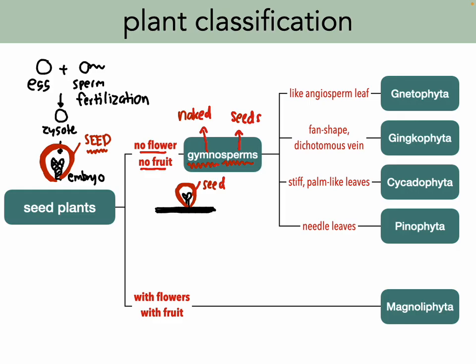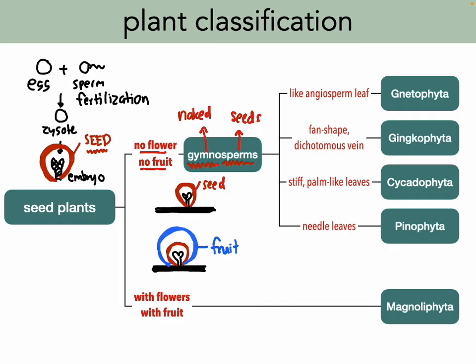The other group here is similar, but on the branch, right, they have embryo, and embryo has the seed to protect it, but they also have another layer to protect the seed itself. This layer is the fruit. So think of all the fruit you've been eating, like durian and apples and everything, things that are around the seed. This further protects the seed, or puts the seed inside.